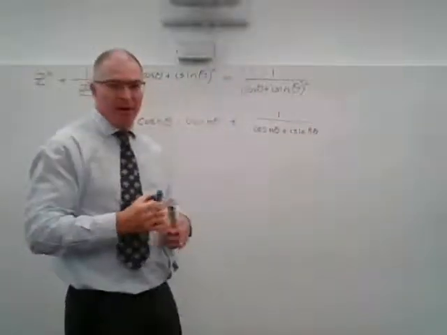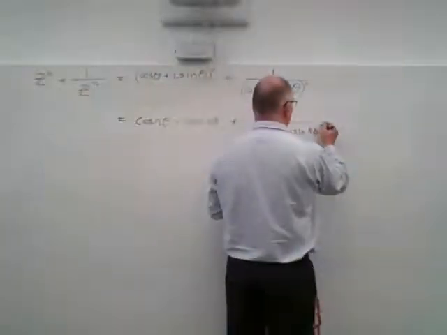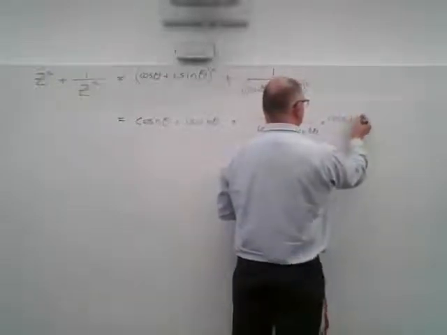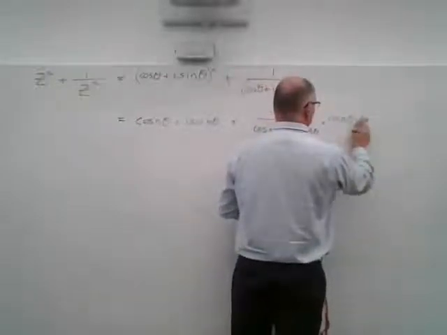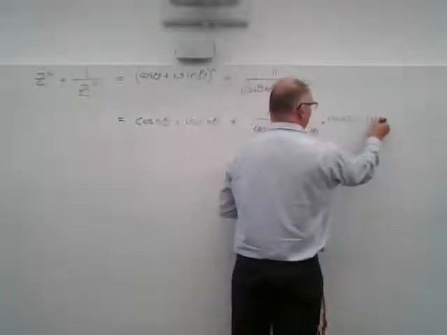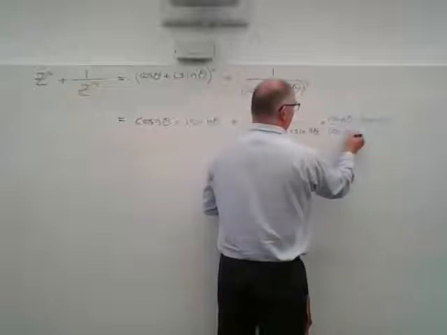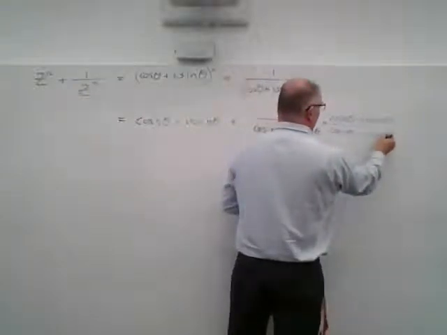Once again, we realise the denominator by multiplying by the conjugate, cos n theta minus i sine n theta on cos n theta minus i sine n theta.